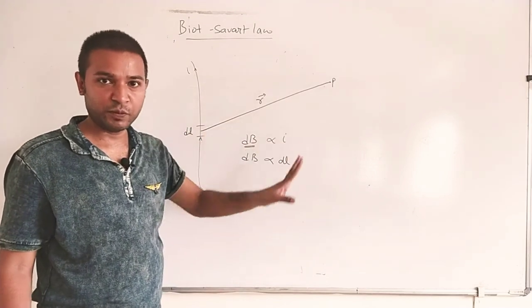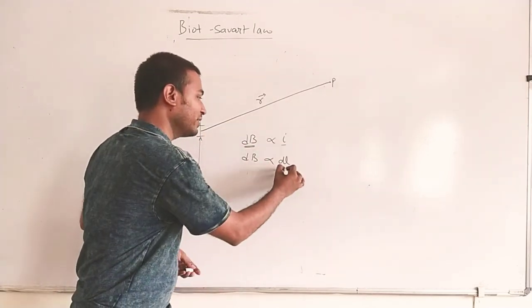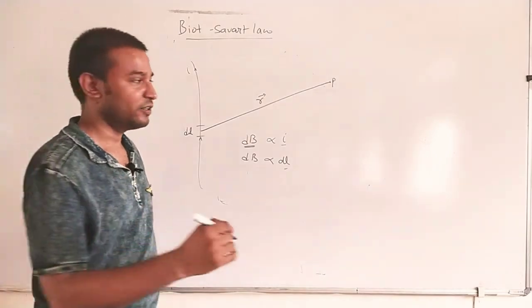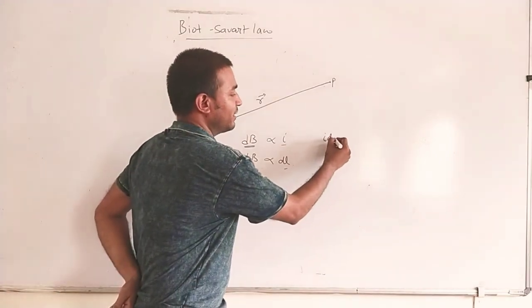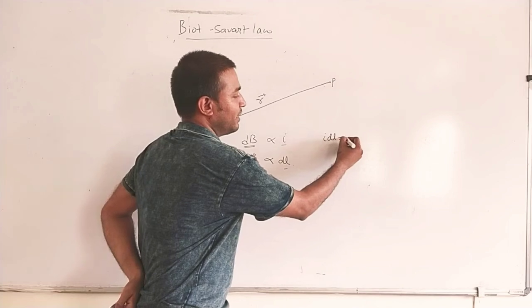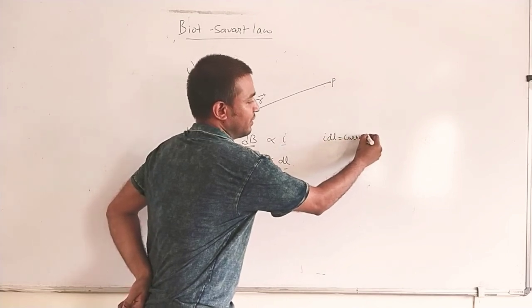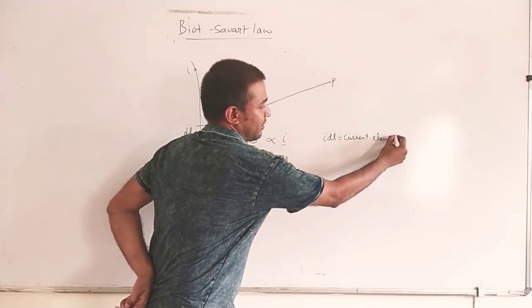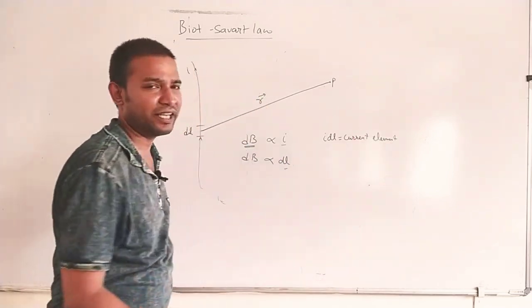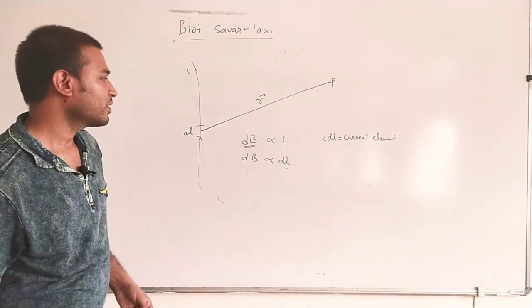So it is directly proportional to both I and dl. Do remember that the product I dl is known as the current element.